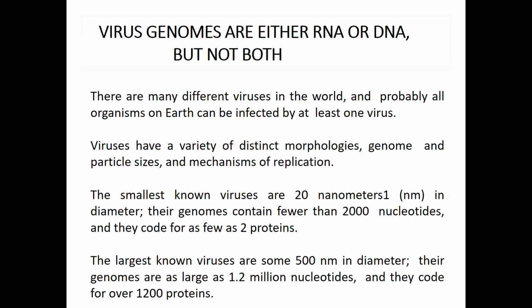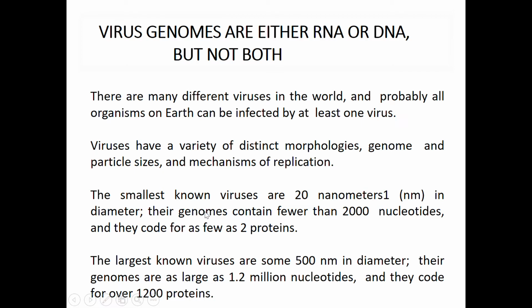There are many different viruses in the world, and probably all organisms on Earth can be infected by at least one virus. Viruses have a variety of different morphologies, meaning different structures, genomes, particle sizes, and mechanisms of replication. The smallest virus is 20 nanometers, while the largest virus is 500 nanometers in diameter.